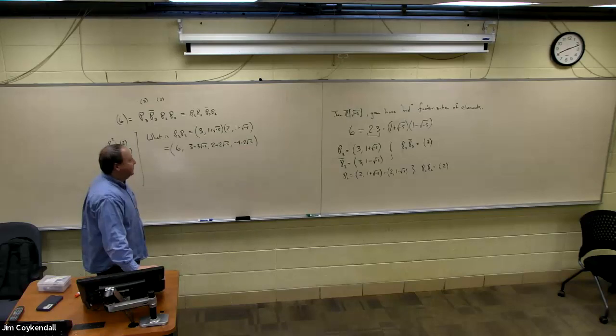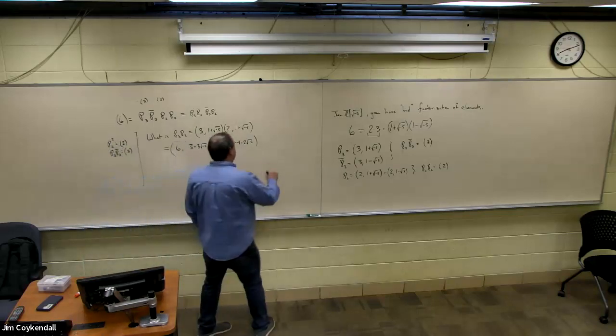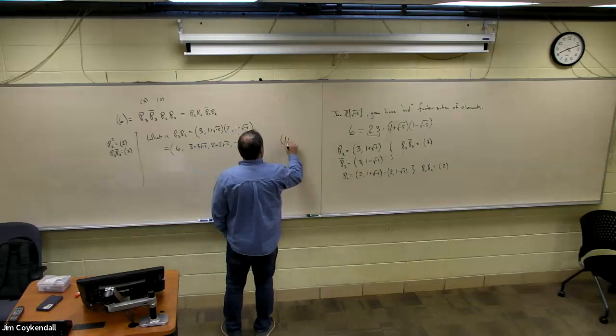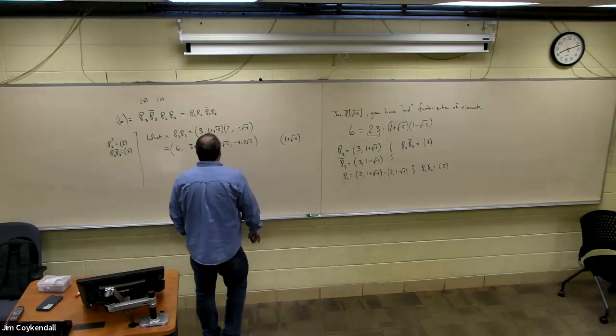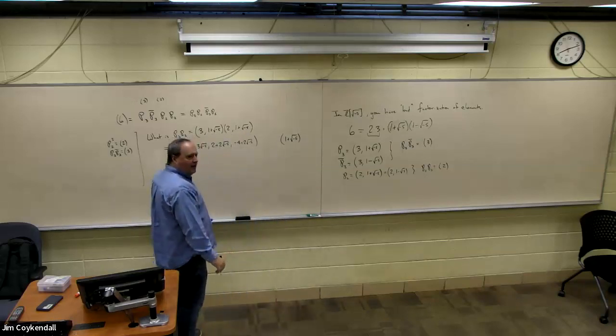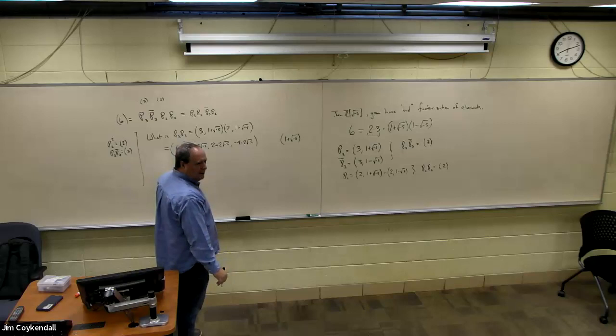Anybody want to venture a guess as to what this is? Ideal generator, 1 plus radical negative 5. That would be my guess. Check that, shall we? This one is not quite as clear on the containments.